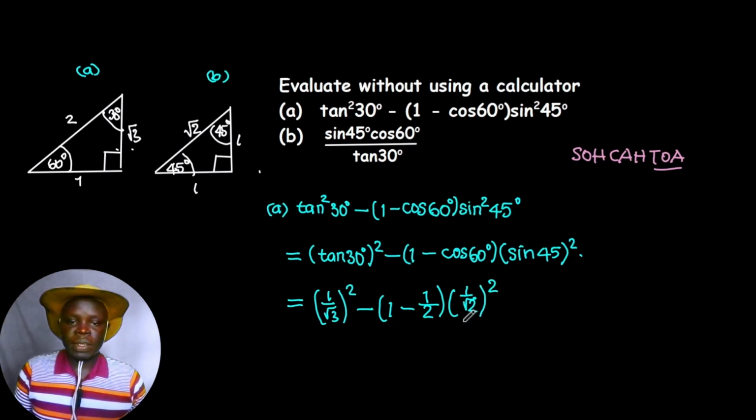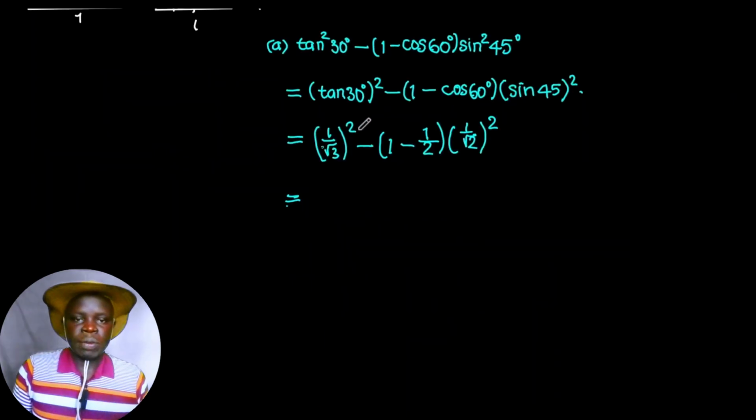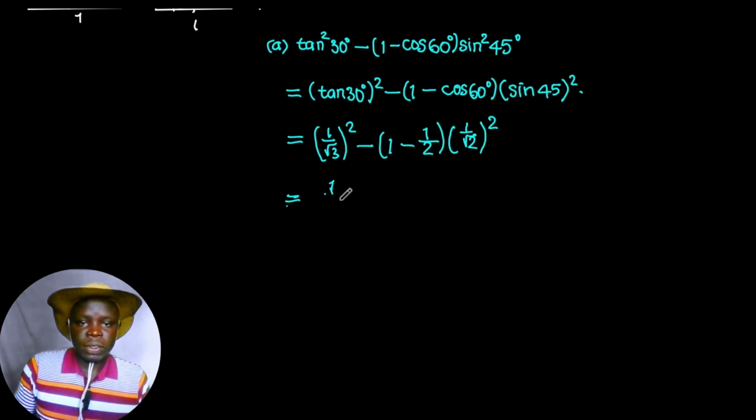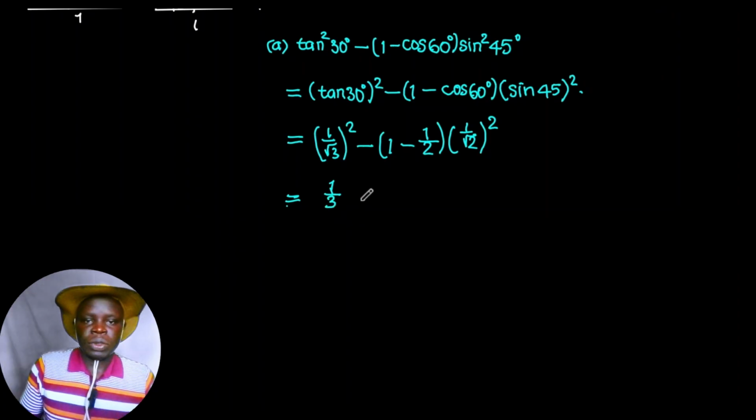So we have to distribute the square: 1 squared is 1, and root 2 squared is 2. So 1 over root 3 squared is 1 over 3, and this one simplifies to 1 half.